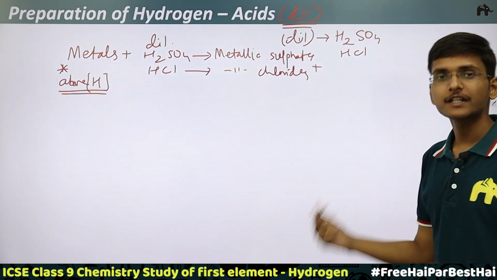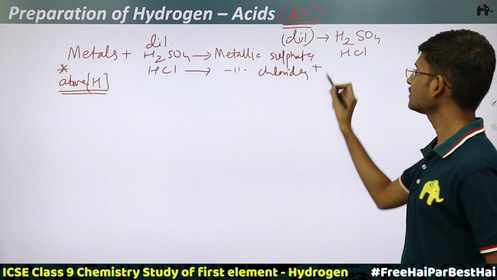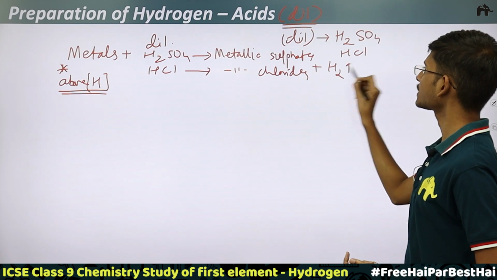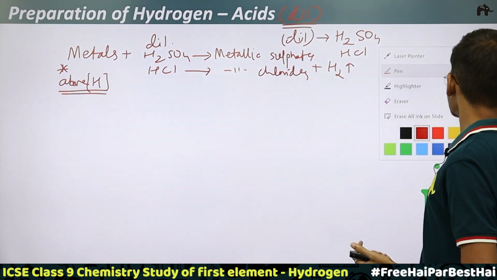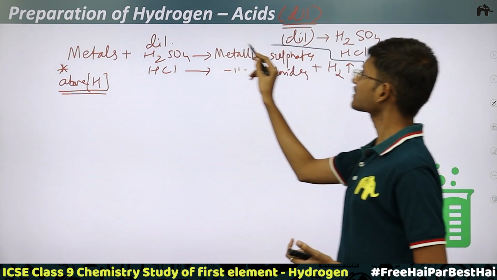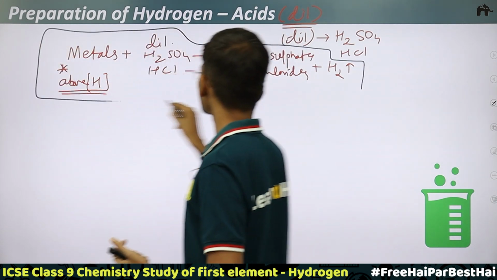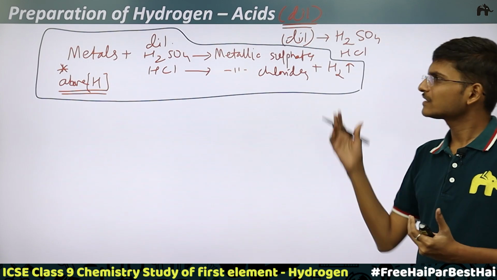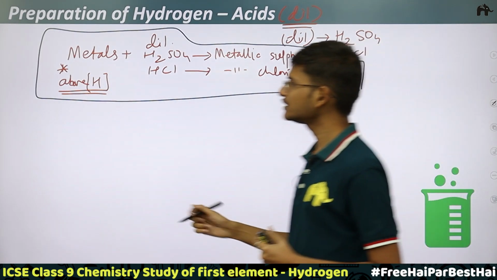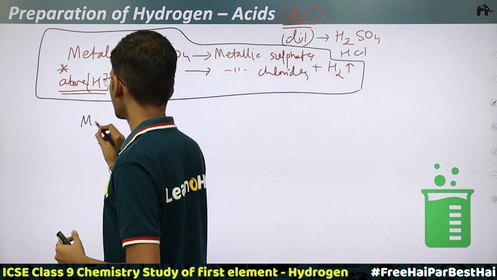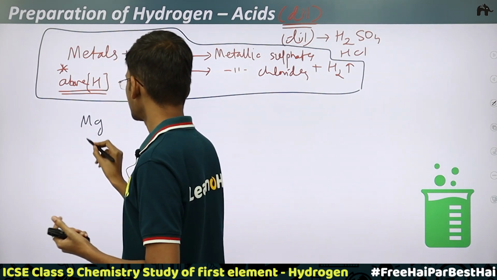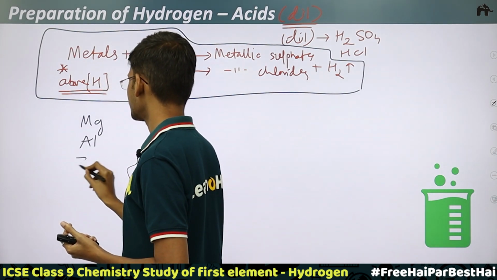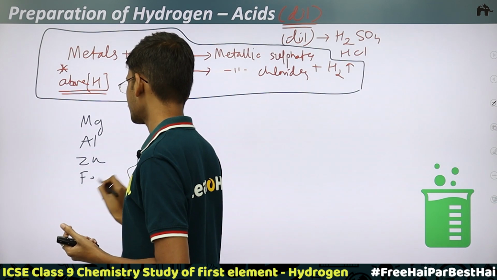Along with that, what we are interested in is the release of hydrogen gas. So this is the general reaction you need to get into your head, and then your job is done. Which metals' reactions are we going to see? We are going to see the reactions of magnesium, then aluminium, zinc and iron.